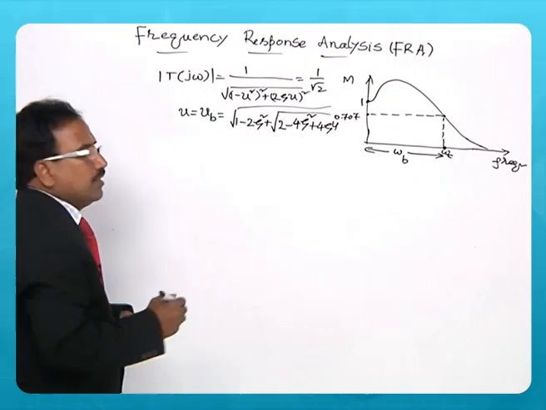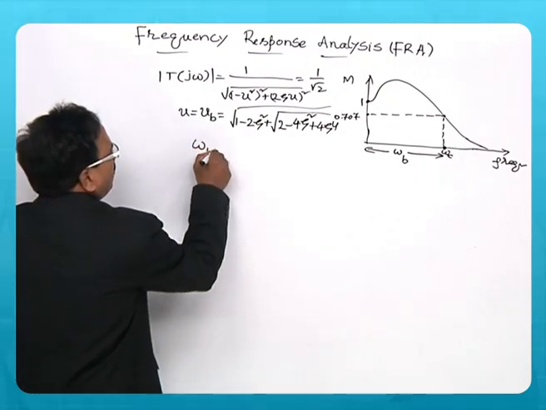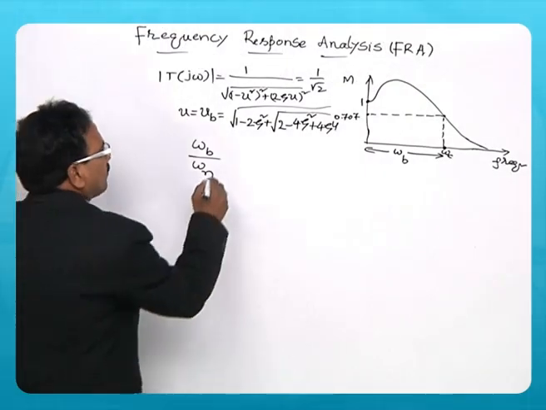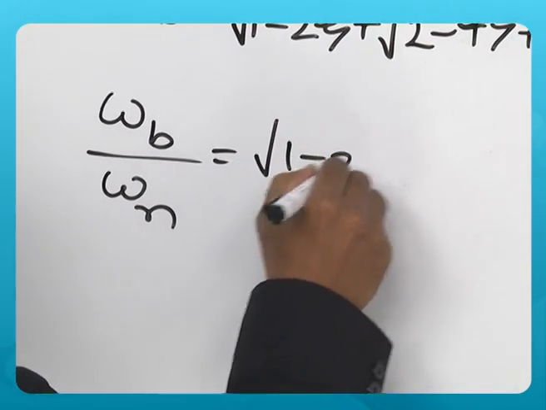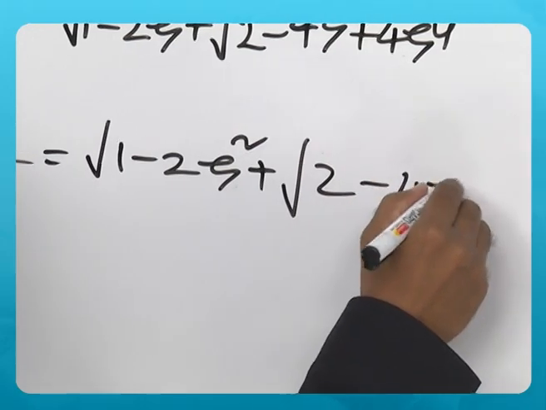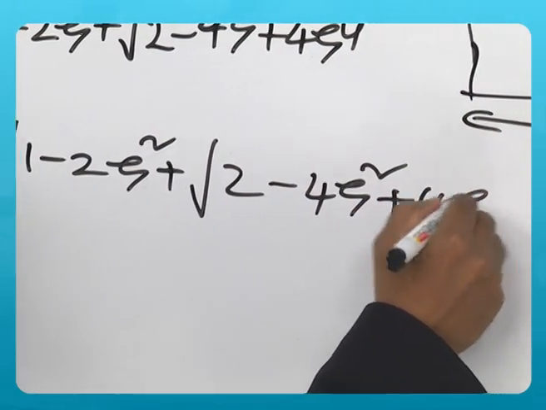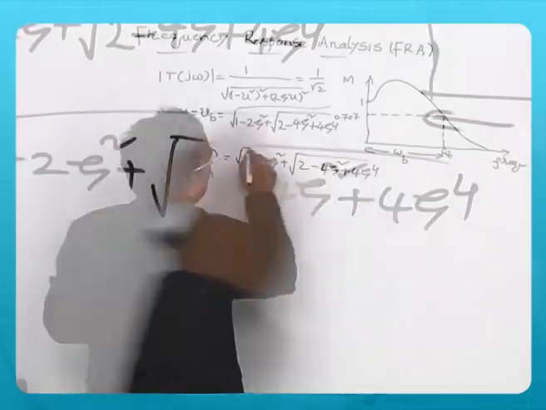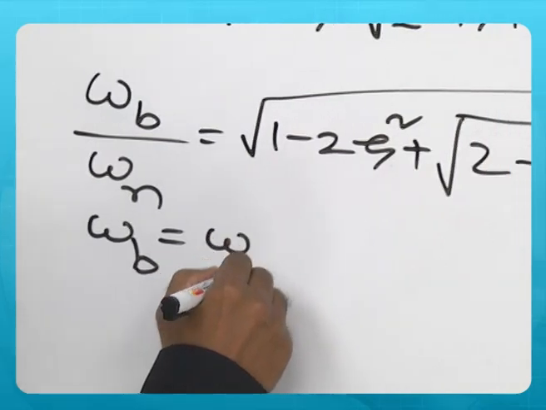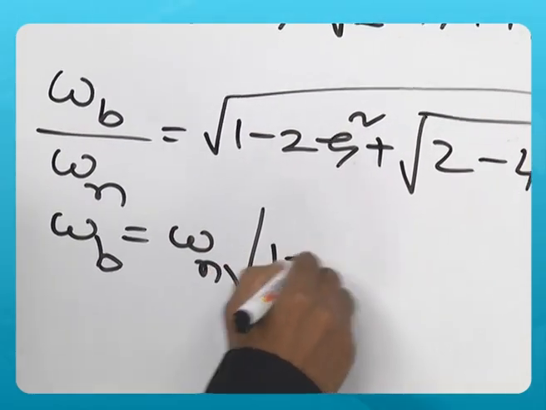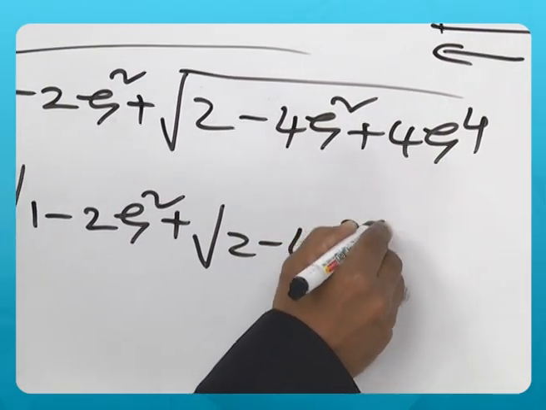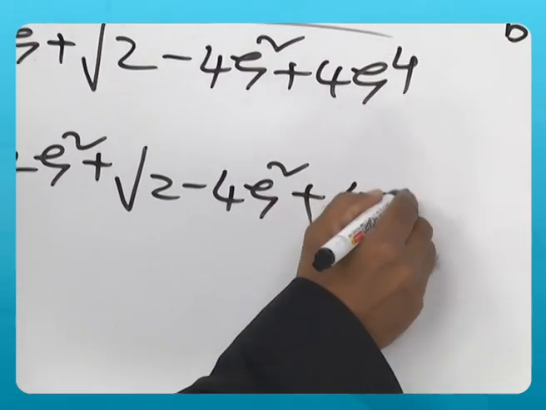Now u b is nothing but the bandwidth frequency with respect to the undamped natural frequency, given by under root of 1 minus 2 zeta square plus under root of 2 minus 4 zeta square plus 4 zeta power 4, double root. Now omega b is given by omega n into the whole term, so it depends on both zeta and omega n.